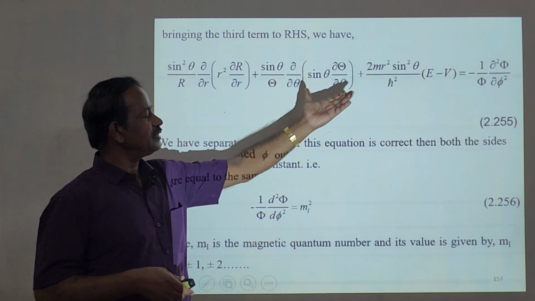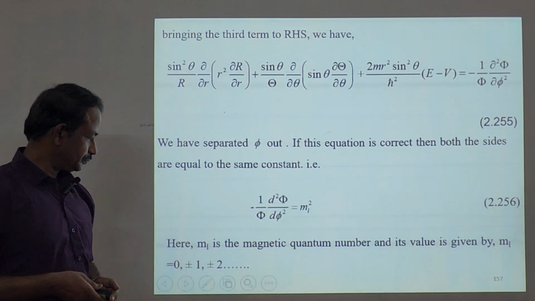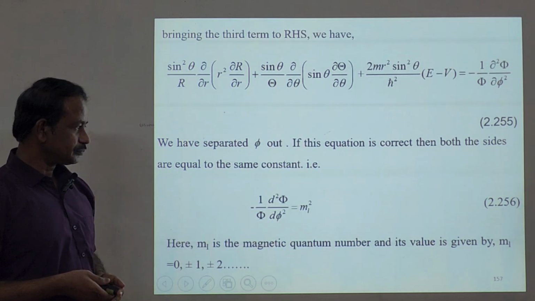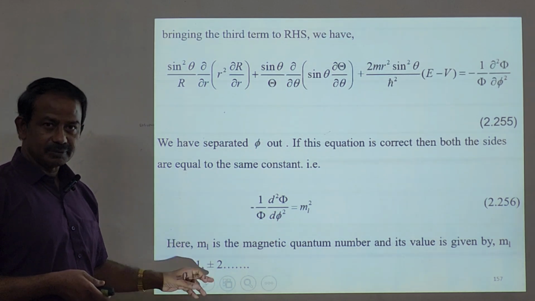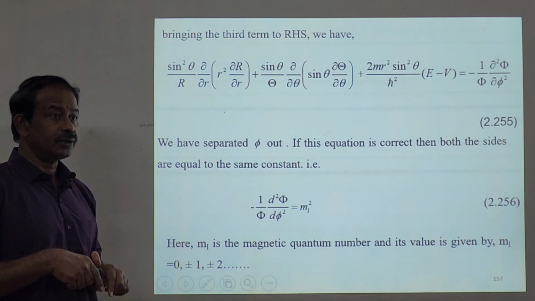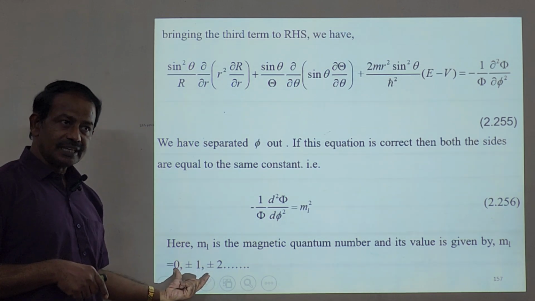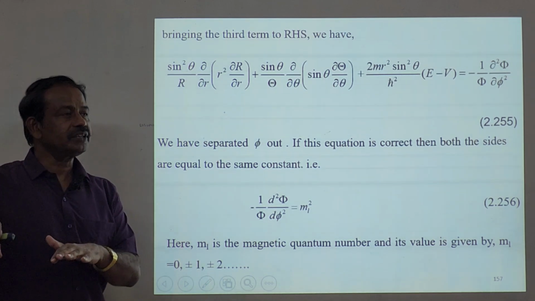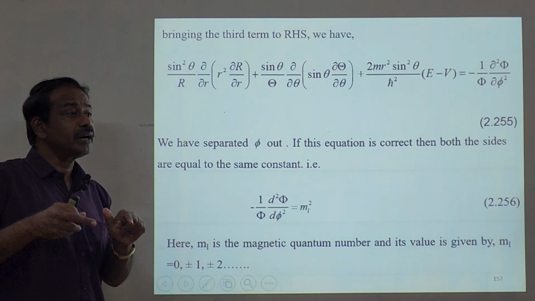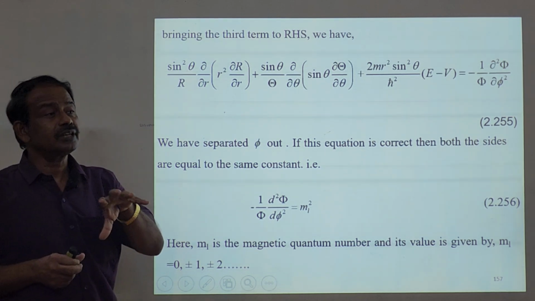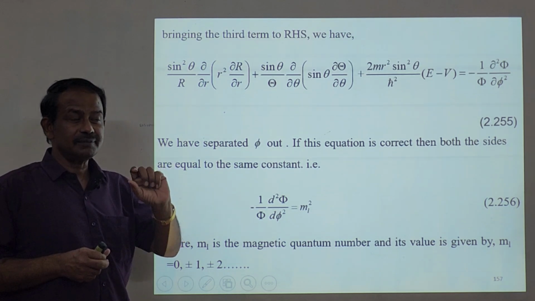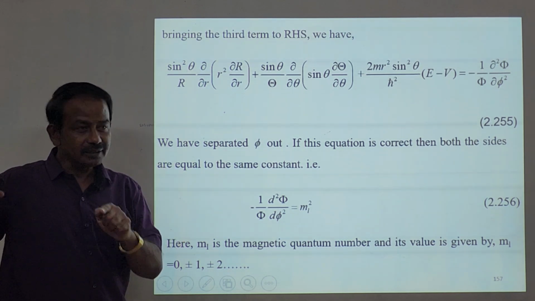Okay, so your right hand side is equal to ml squared. And ml has the values 0, plus or minus 1, plus or minus 2. Magnetic quantum number goes like this. For a particular value of L, ml has the values from minus L to plus L through 0.